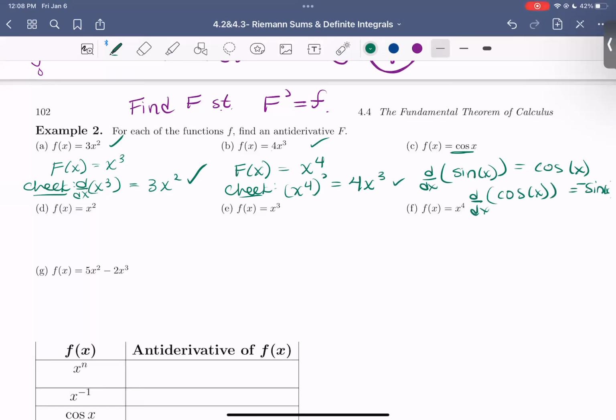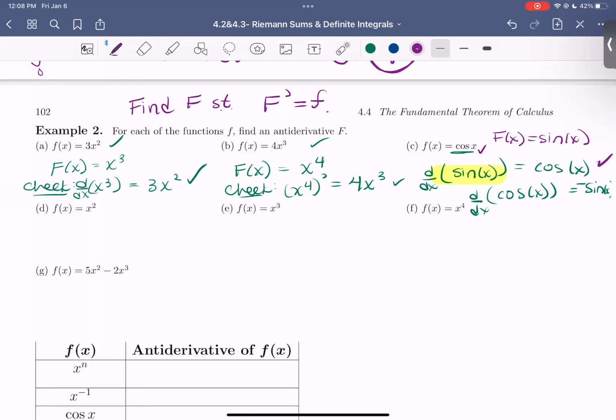So we can keep taking derivatives of sine and cosine, and we go back and forth. Do we see the antiderivative of cosine here? Yes, we do. It's sine. So if big F is equal to sine of x, the derivative of sine of x is that cosine of x, which is the function that we want to find an antiderivative of.